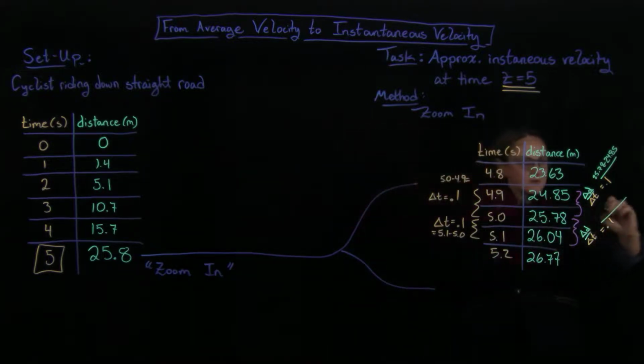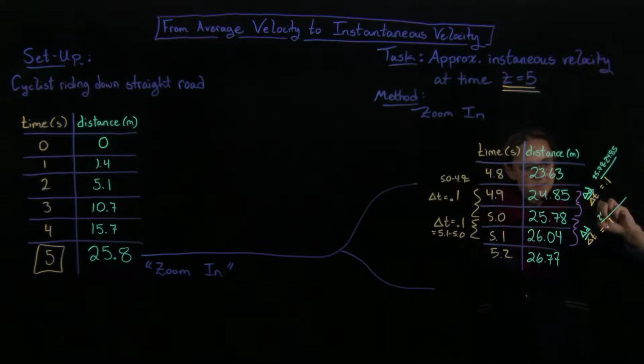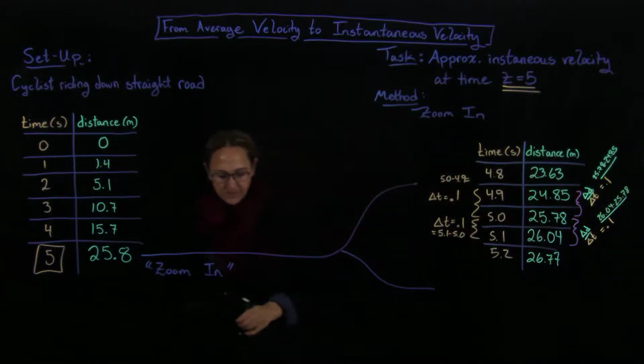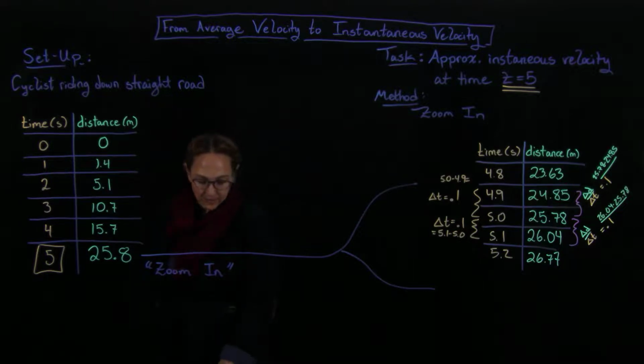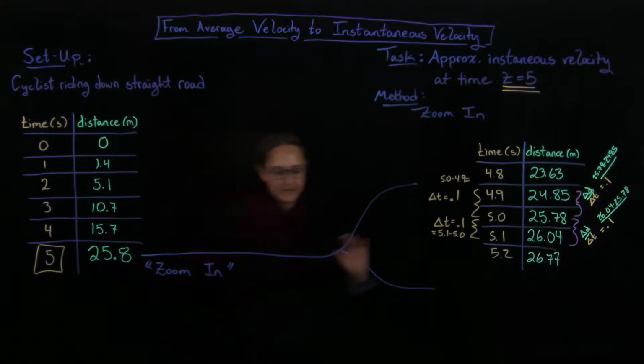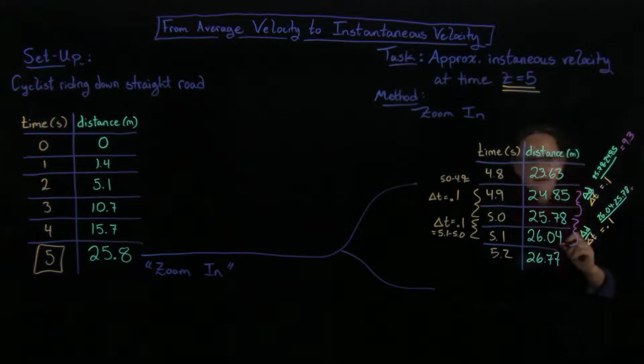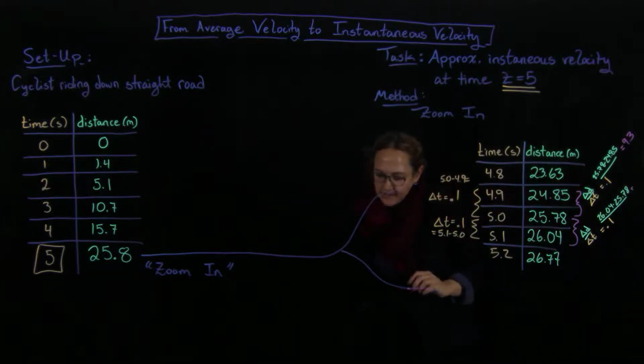We can work this out, and on the top, for this one I get 9.3, and for this one I get 2.6.